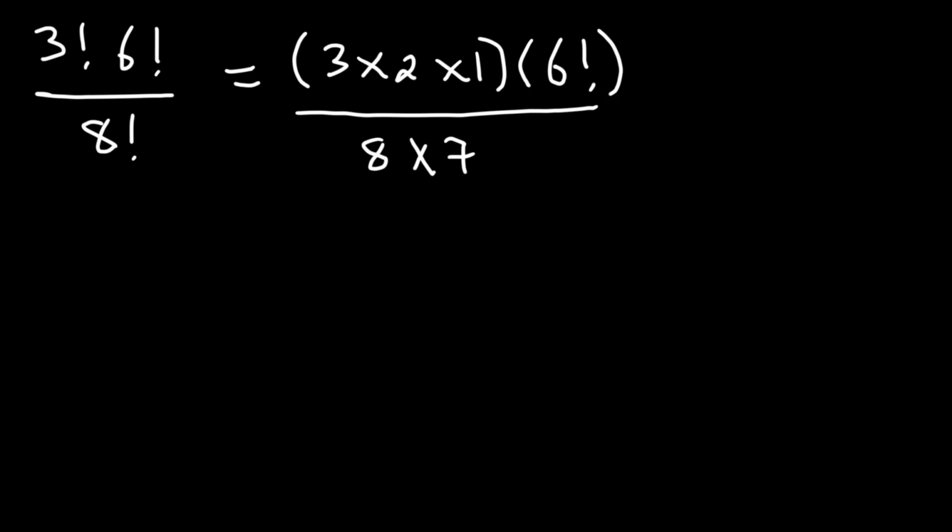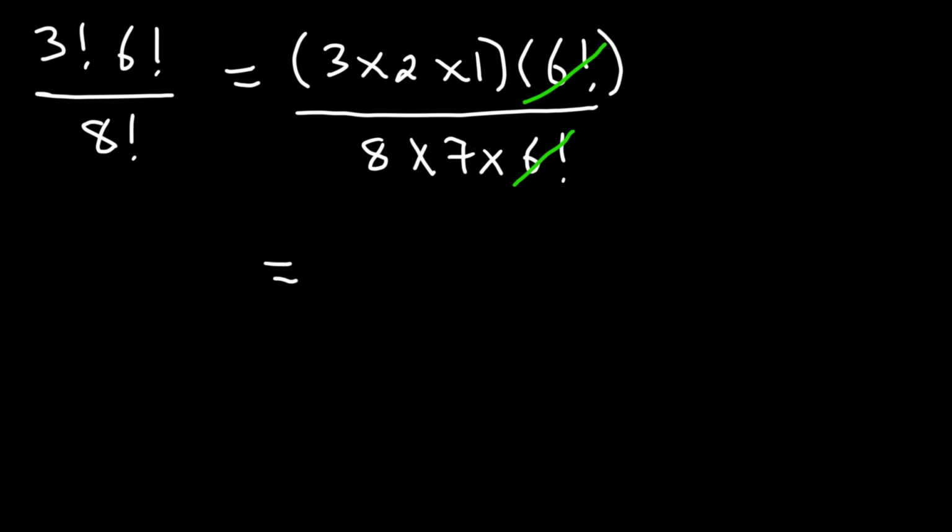But instead of writing all of that, let's multiply by 6 factorial, because 6 factorial is the same as 6 times 5 times 4 times 3 times 2 times 1. And as you can see, this will cancel with that.